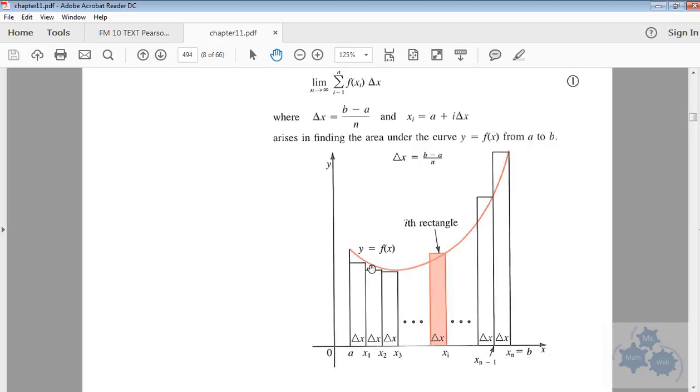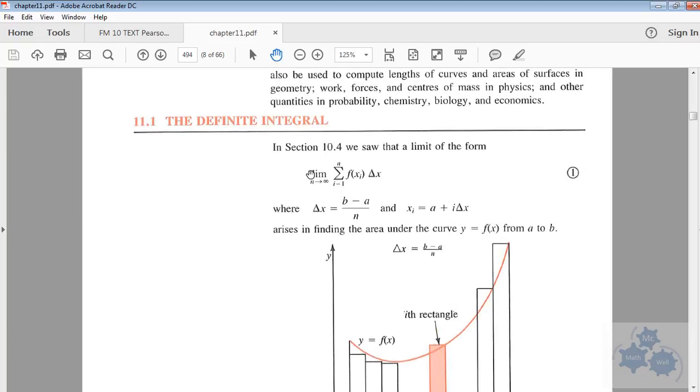But if you use an infinite number of these little tiny rectangles, and as the number of them approaches infinity, then you get the exact value underneath this curve. So they talk about the limit as the number of these rectangles approaches infinity, and this sigma right here means sum, so we're going to add the areas, length times width, of all of these rectangles.